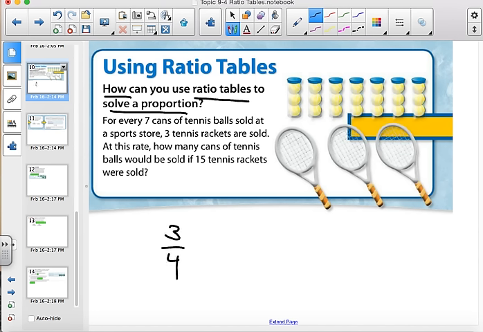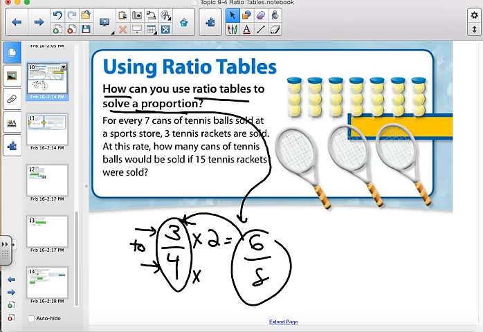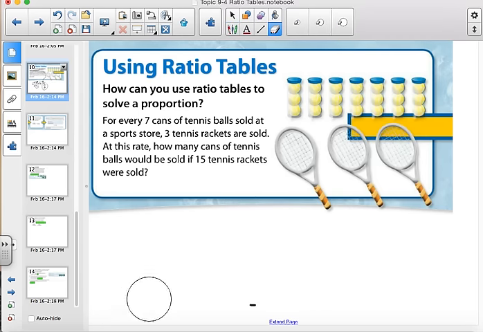Like we could have a 3:4 ratio, and we could create a proportion through multiplication or division, and we would create our proportion, which is equivalent to our initial startup ratio.